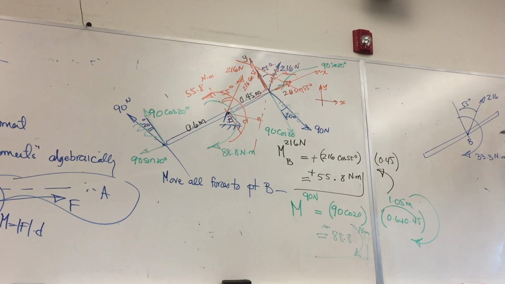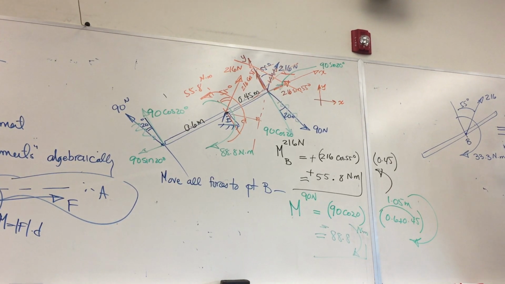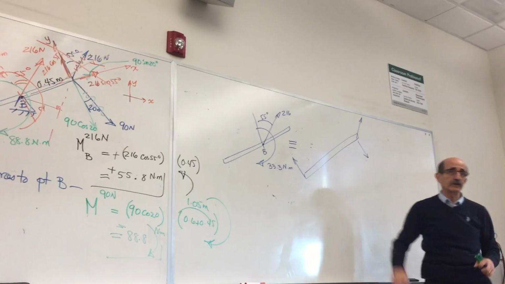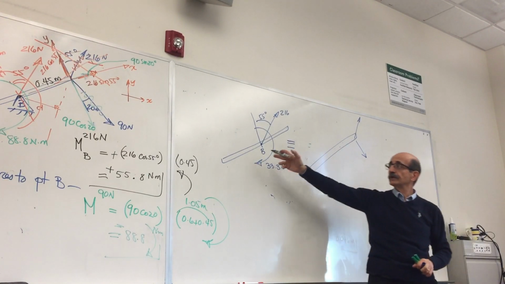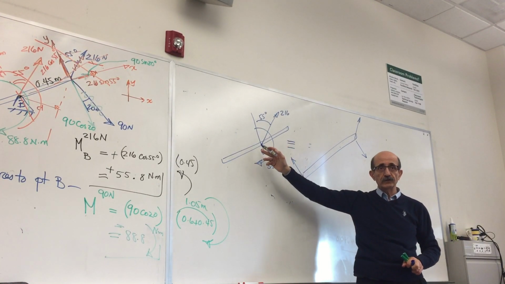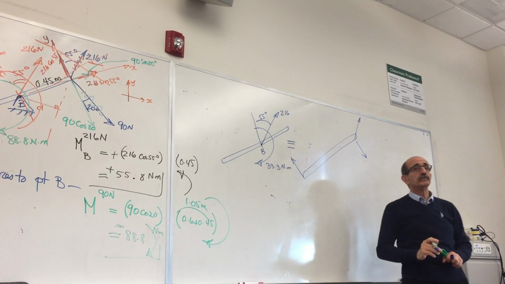So this system does exactly the same thing as the original system of these forces. These two are identical. They do exactly the same thing. We call this an equivalent system to the original system.